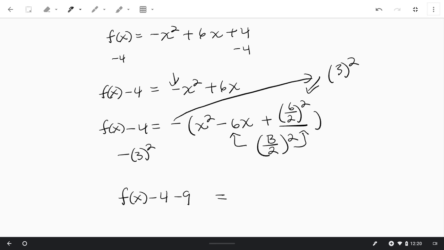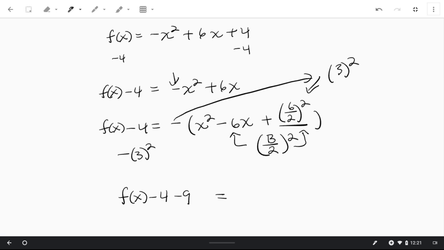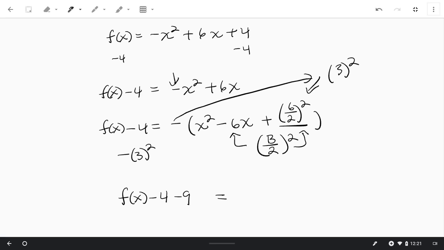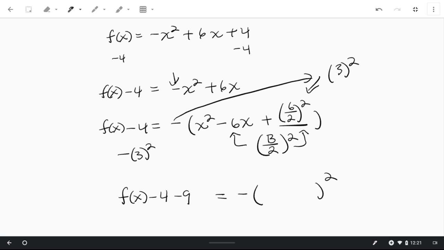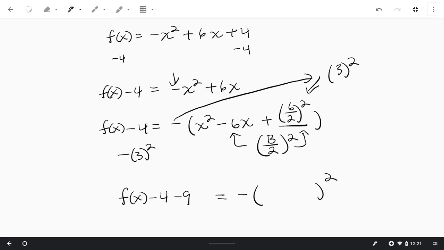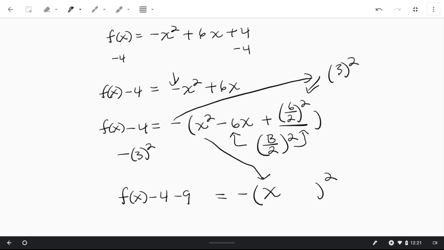And on the other side, this actually factors out to negative parentheses, a binomial squared, and the binomial turns out to be this. So that's x. This sign, so that's minus.